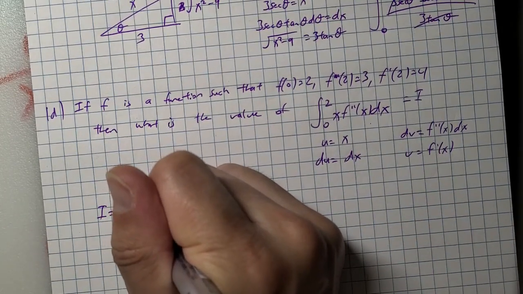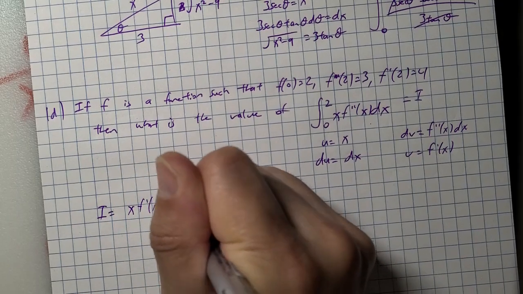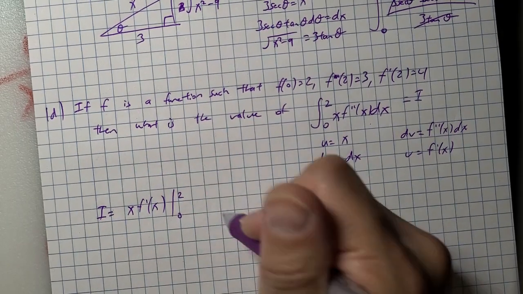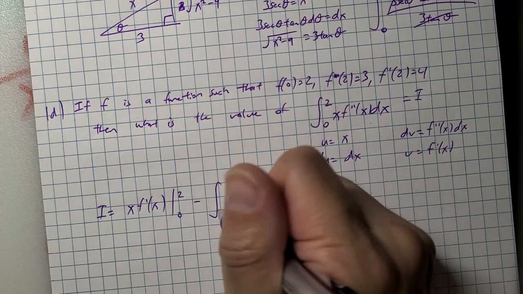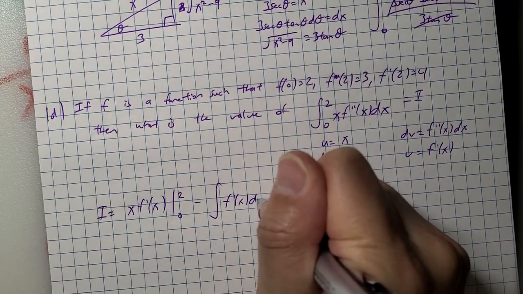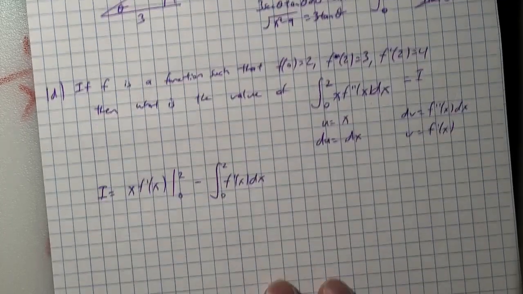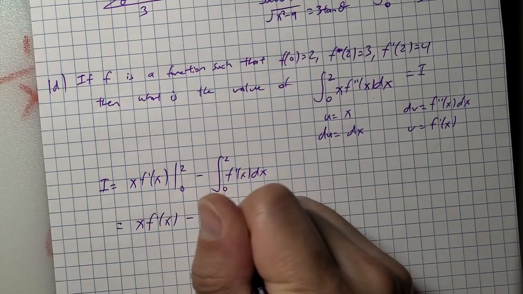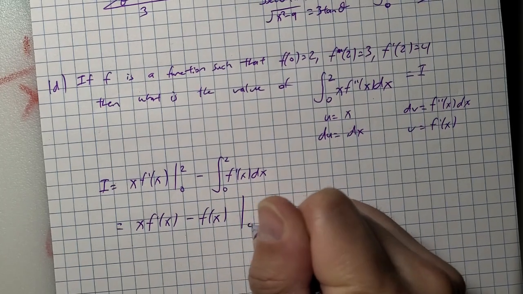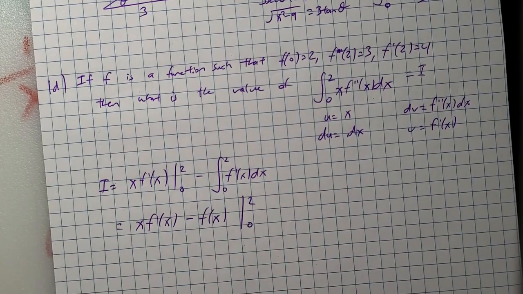x f prime of x, evaluate this from 0 to 2, minus integral of v du, so that's just f prime x dx from 0 to 2. Okay? So that's simply x f prime x minus f of x, evaluate this whole guy from 0 to 2. Okay?